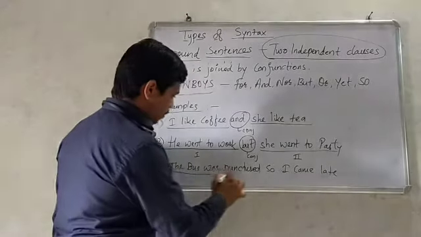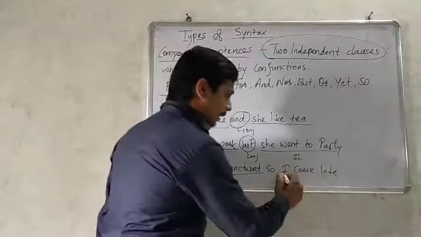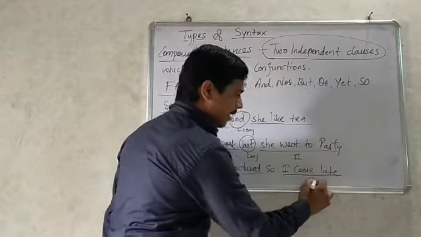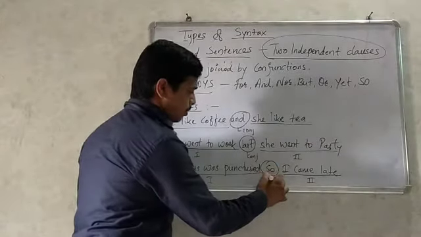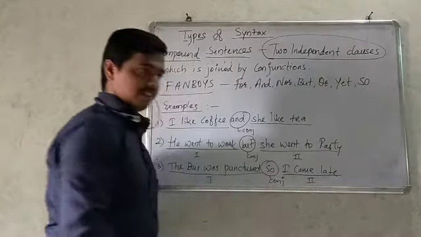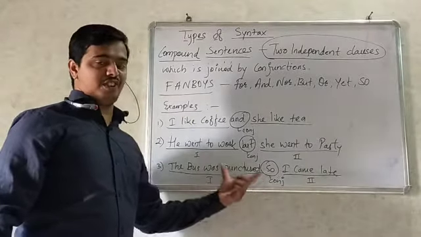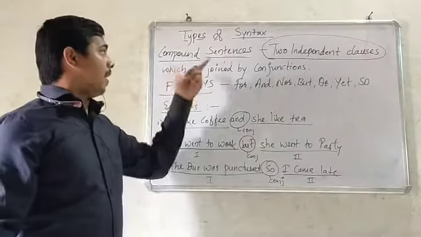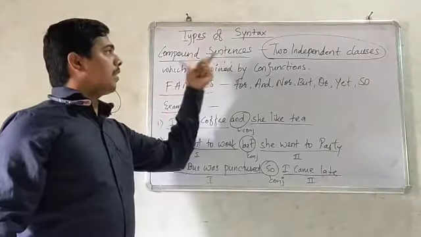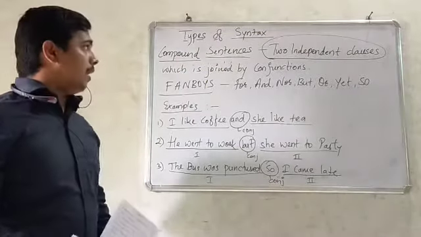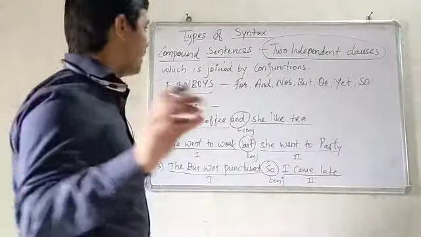The one is the bus was punctured, so this is the first. I came late, so this is the second independent clause, and the conjunction is so. So here so is the conjunction. This is how the sentence structure is formed in compound sentences. Compound means two.